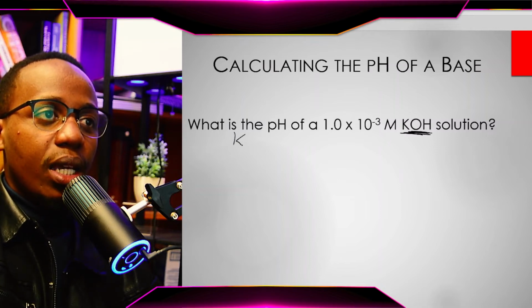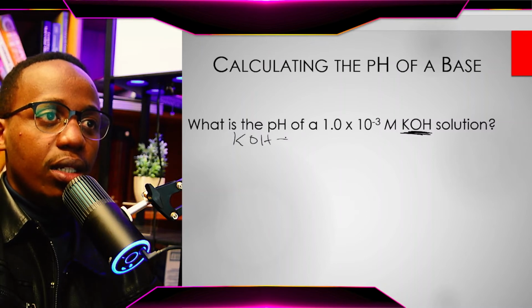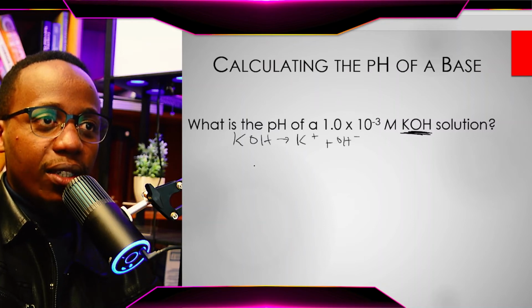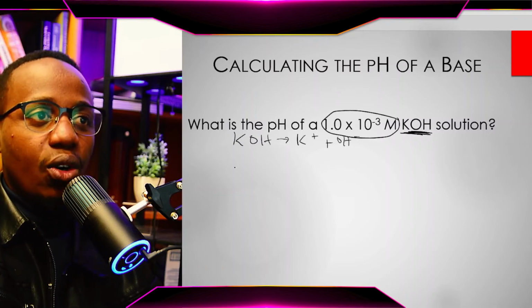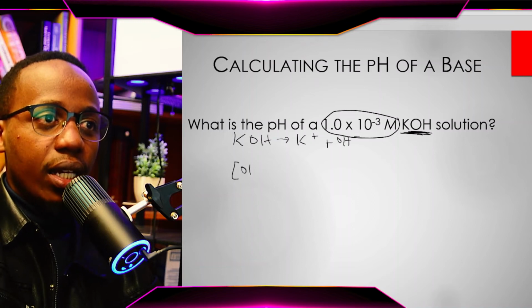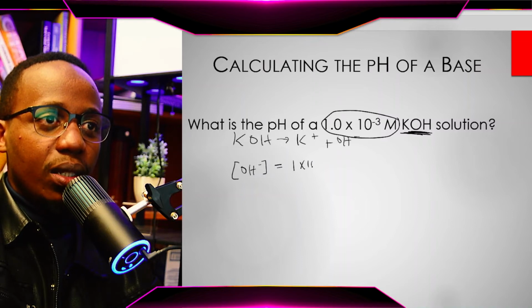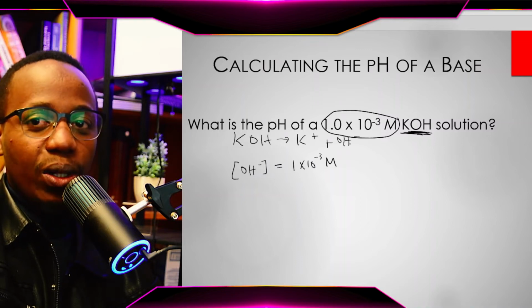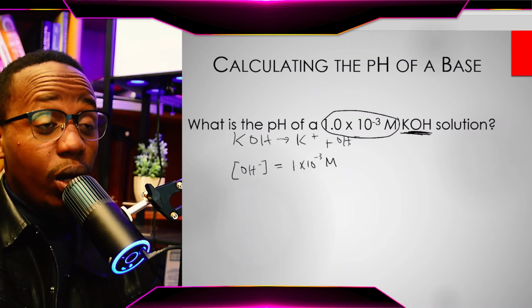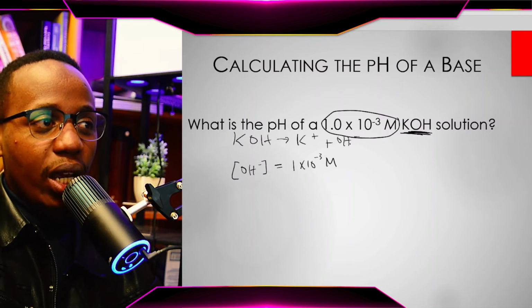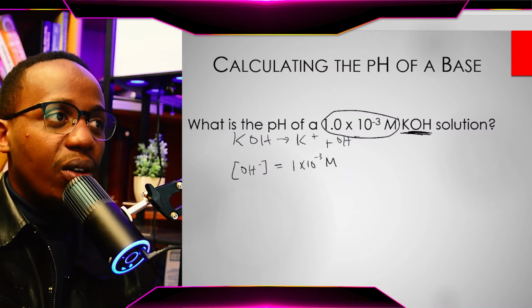Because this is a strong base that gives you K plus and OH minus, the concentration they gave you is the KOH concentration. It's the OH minus concentration. So OH minus is equal to 1 times 10 to the negative 3 molar. That's the OH concentration. Well, how do you find the pH if you have the OH concentration? Remember our formulas.